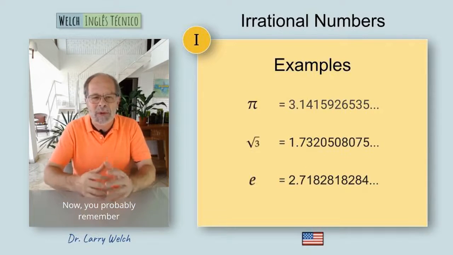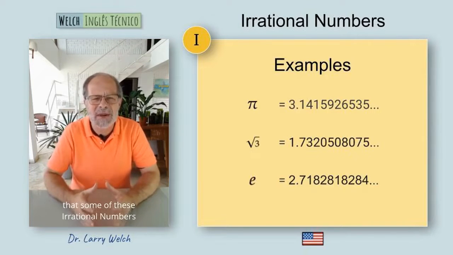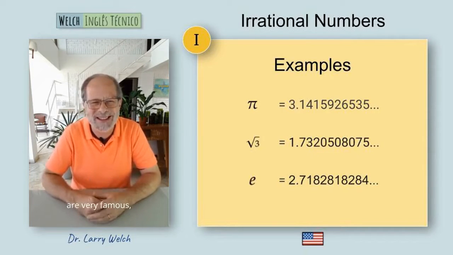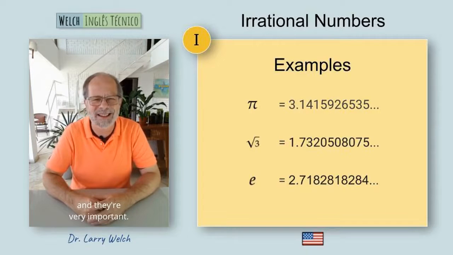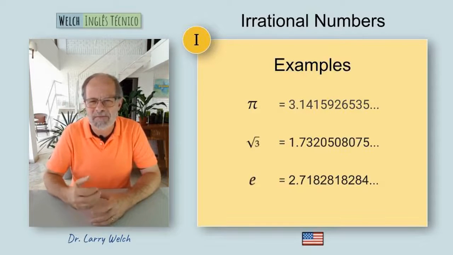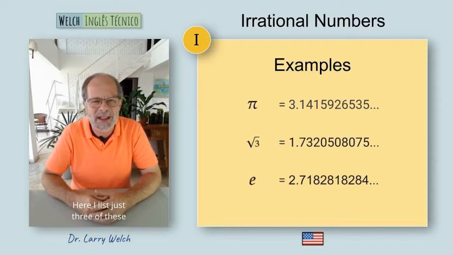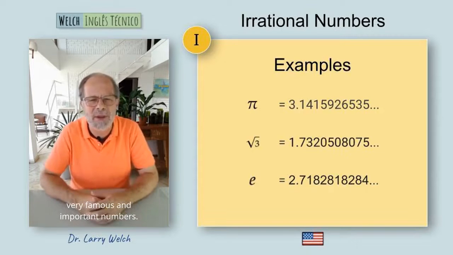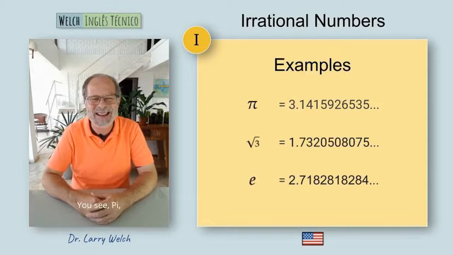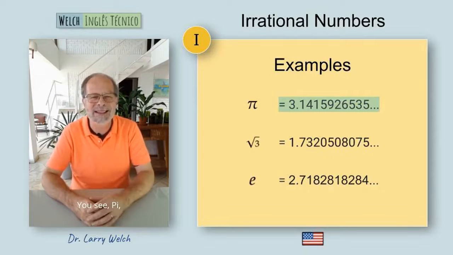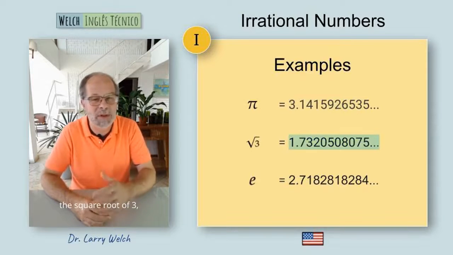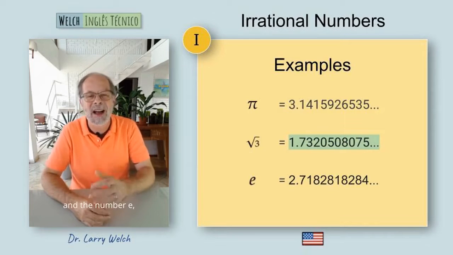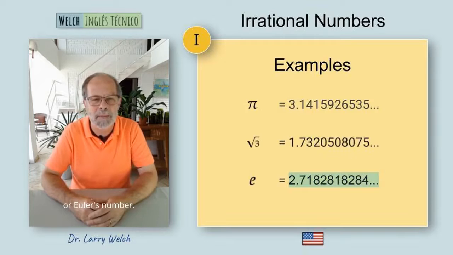Now, you probably remember that some of these irrational numbers are very famous and very important. Here I list just 3 of these very famous and important numbers. You see pi, the square root of 3, and the number e, or Euler's number.